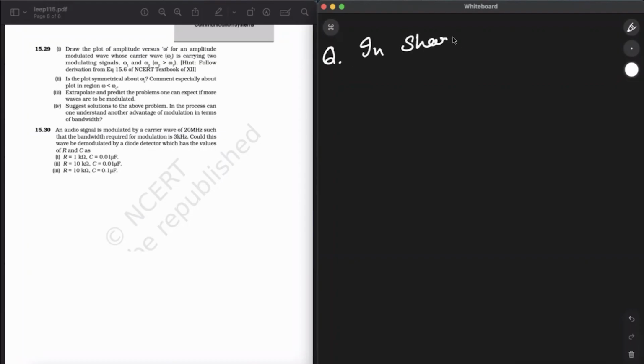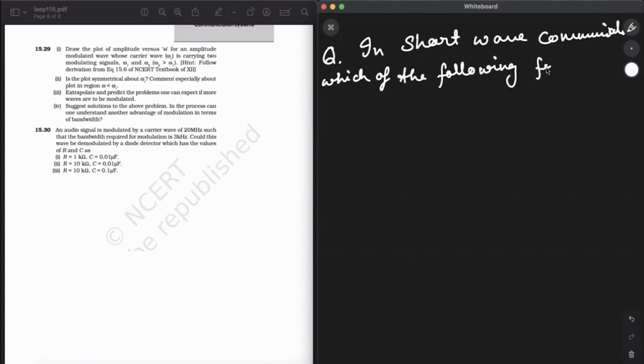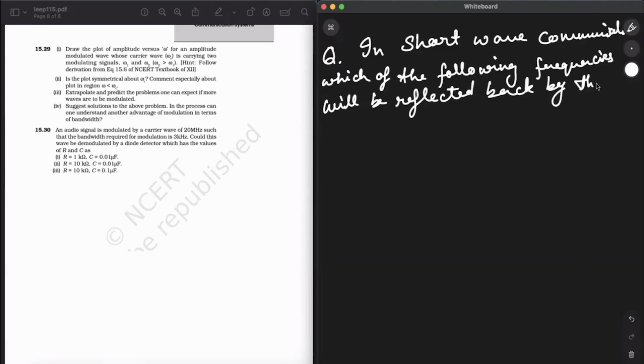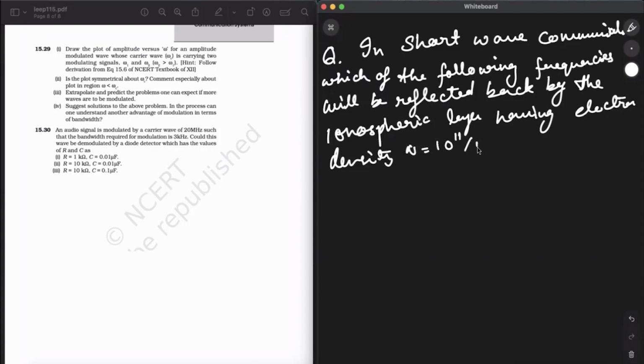In short wave communication, which of the following frequencies will be reflected by the ionospheric layer having electron density N equal to 10 to the power of 11 per meter cube?